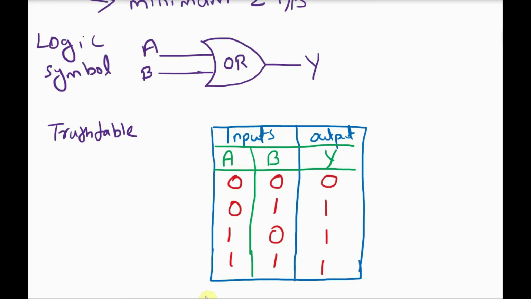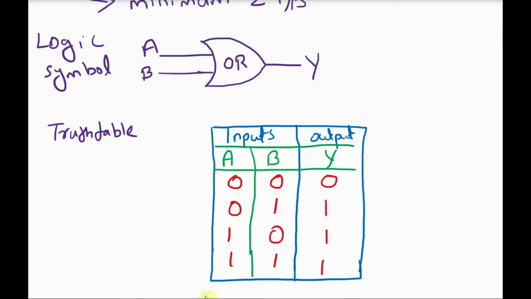So, in OR gate, the output is 0 if all the inputs are 0. And the output is 1 if any one or more inputs are 1. Output will go to 0 only if all the inputs are 0.